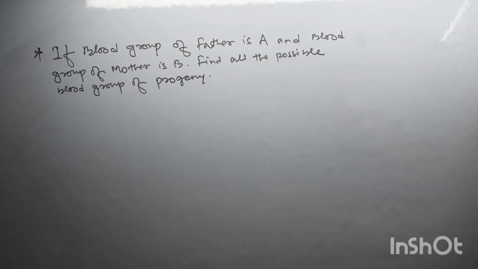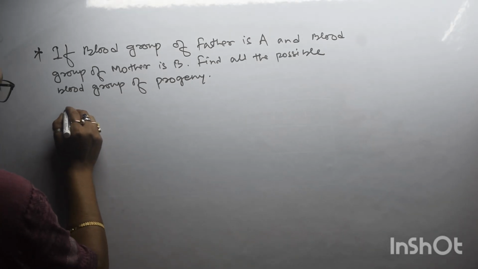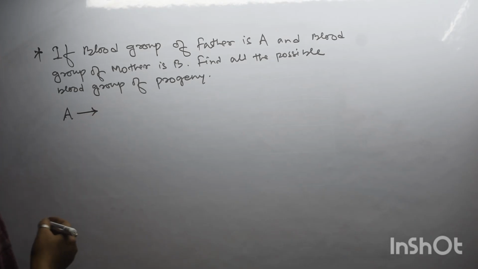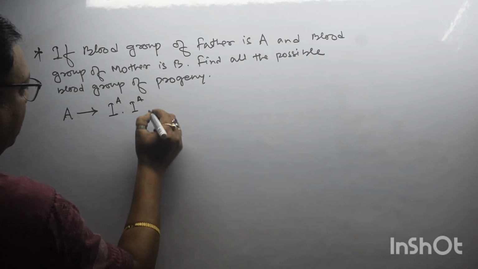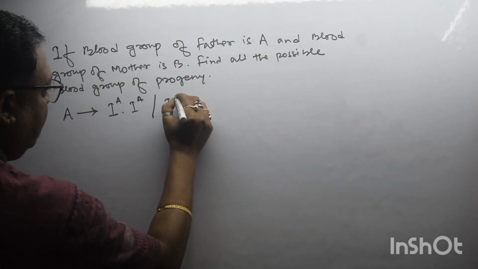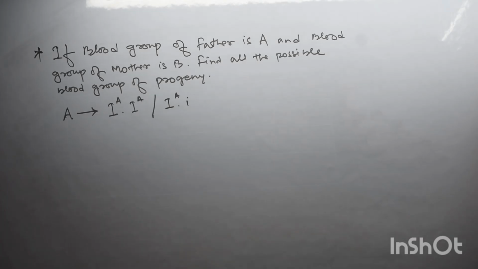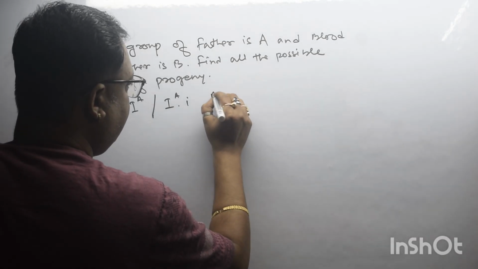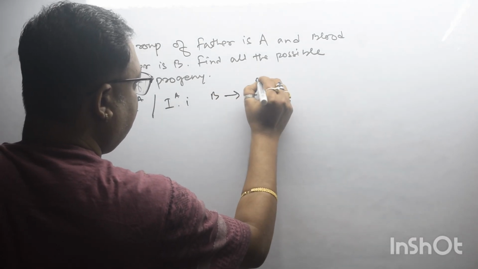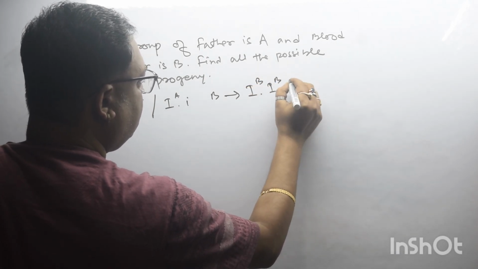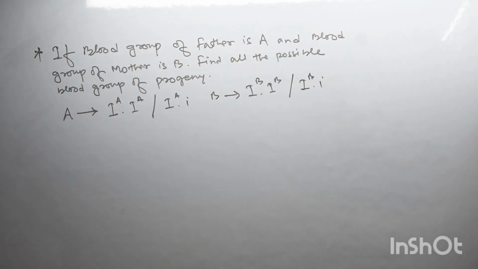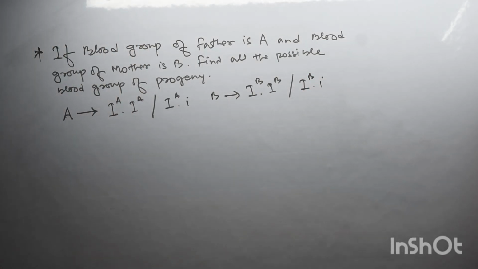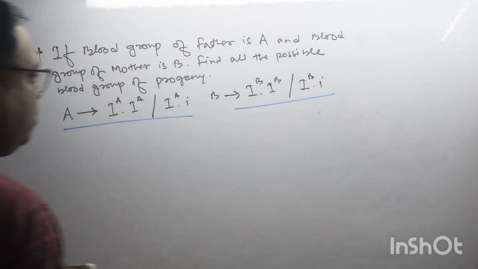Now how to find it? As we know, blood group A can be represented by 2 types of genotype. One is capital IA IA and the other is capital IA small i. Similarly, blood group B also can be represented by 2: capital IB IB and capital IB small i.